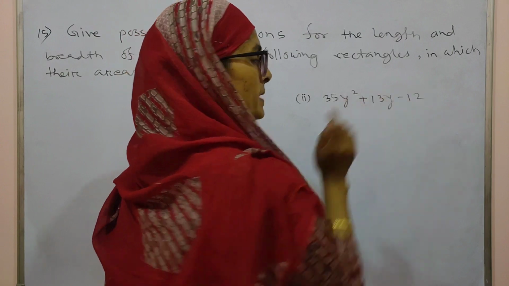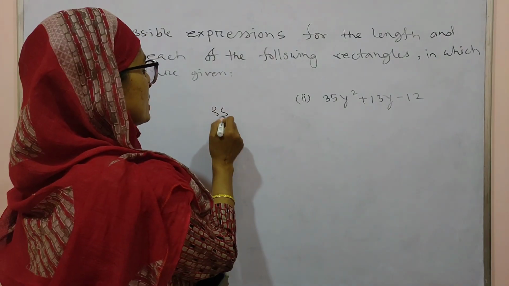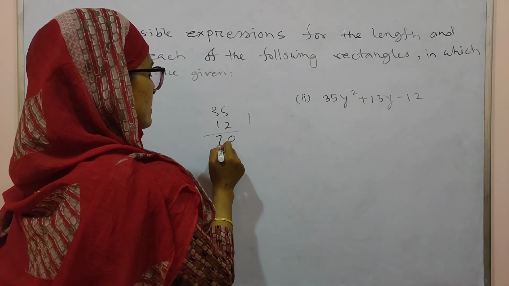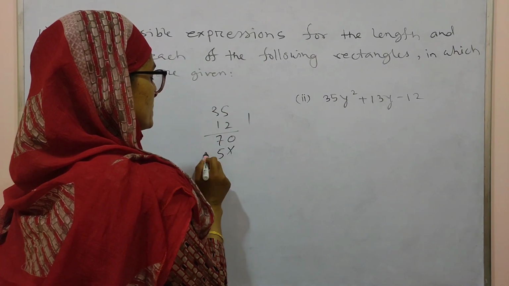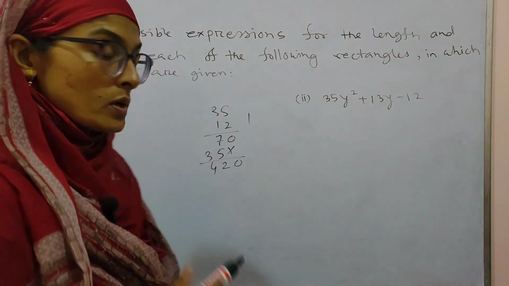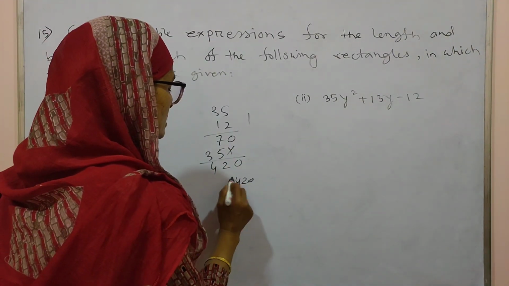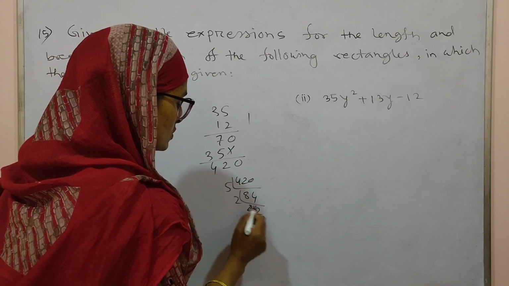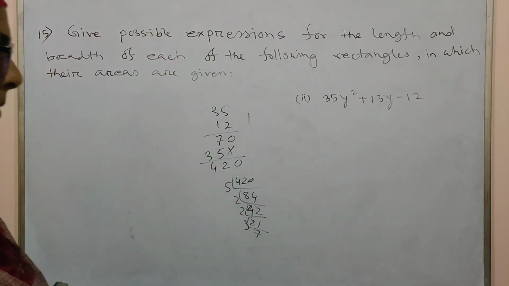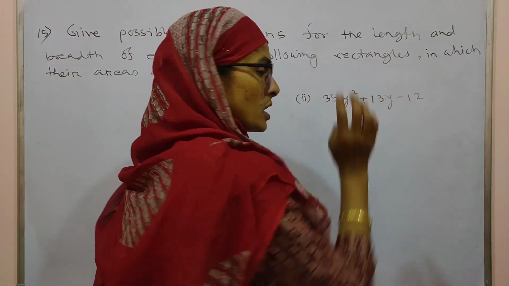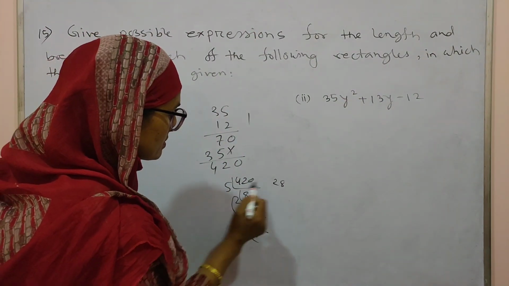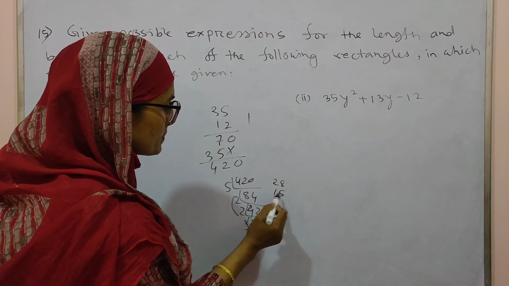Similarly, this one, 35 and 12. If you multiply 35 and 12, 5 2s are 10, 1 carry, 3 2s are 6, 1 is 7, 5 1s are 5, 3 1s are 3, 0, 2, 4, 420. So factorize 420. 4 2s are 8, 2 2s are 4, 3, 7. Here there is a minus symbol, so you have to subtract one from another. 4 7s are 28, 3 5s are 15.